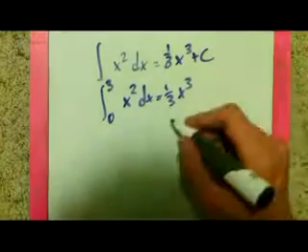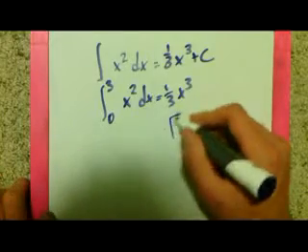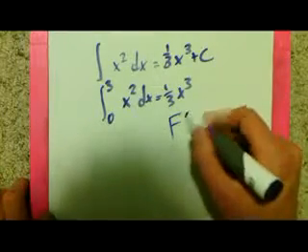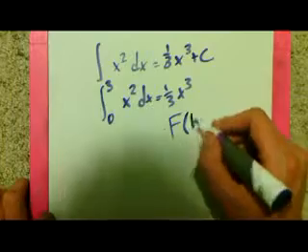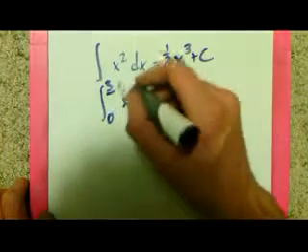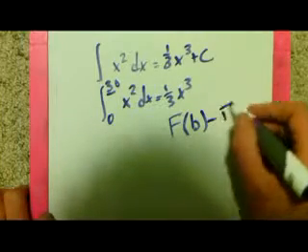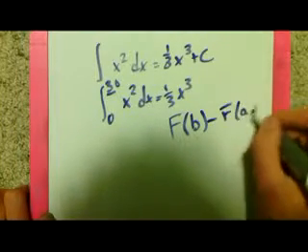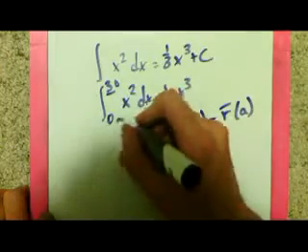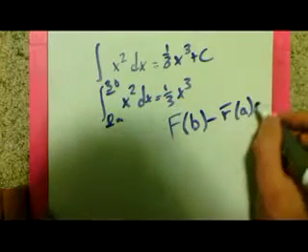The antiderivative with b plugged in, which is this, minus the antiderivative with a plugged in, which is that, equals your area.